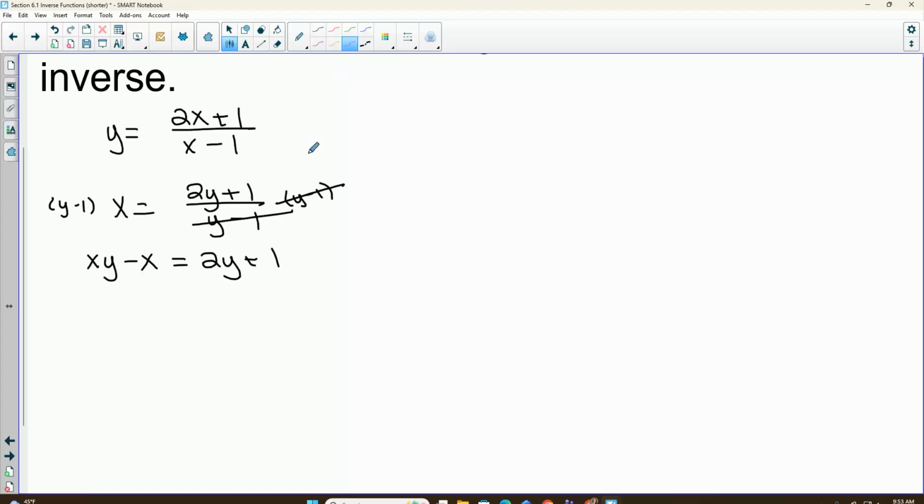I'm trying to solve for y. I have y in two different spots. So if I'm going to solve for it, I need to first get those on the same side of the equation. So I'm going to put those on the same side. These don't have y, so I'm going to put those on another side. So I'll just subtract over this 2y and add over this x.